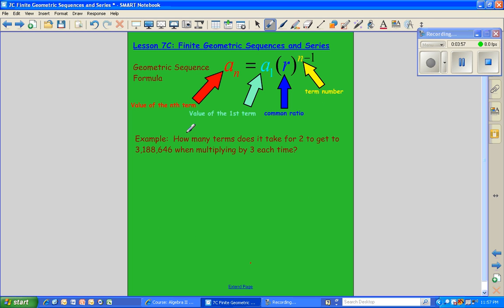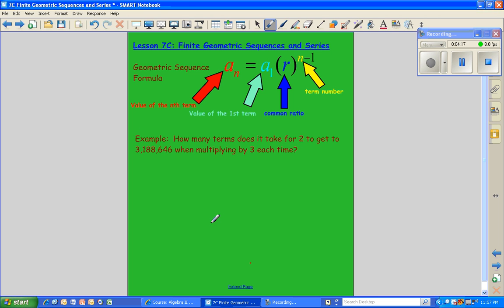All right, so another way we could use the same formula is to ask yourself how many terms is it going to take for 2 to get all the way up to the number 3,188,646 if you multiply by 3 each time.